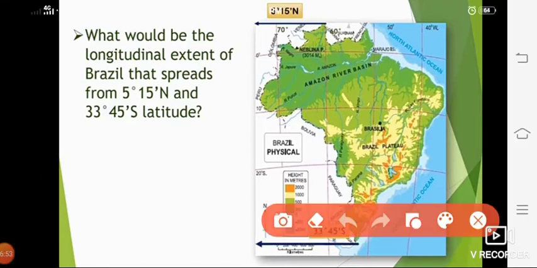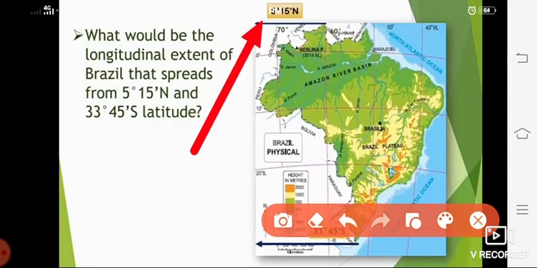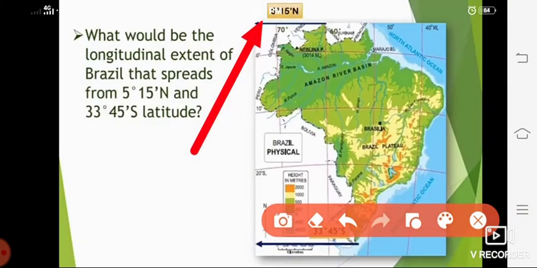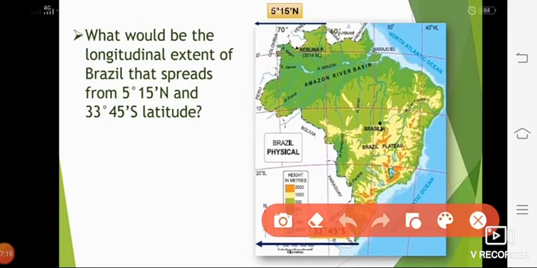See this red black arrow up, and here you can see the down, that is the extent, means there to here Brazil is spreading. Okay, so if you will see upper one, that is this measurement, is it below, above 0? Is it above 0 here?